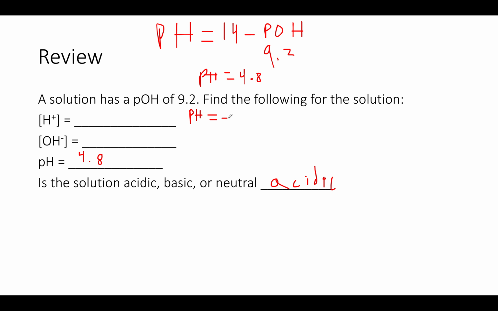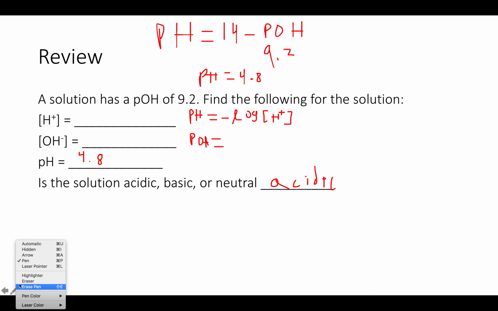Well, the pH equals the negative logarithm of the hydrogen ion concentration, and the pOH equals the negative log of the hydroxide ion concentration.